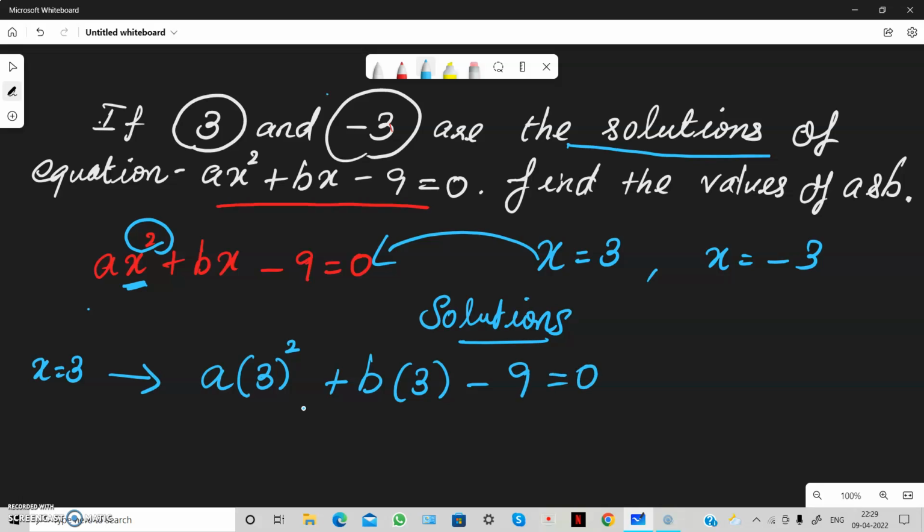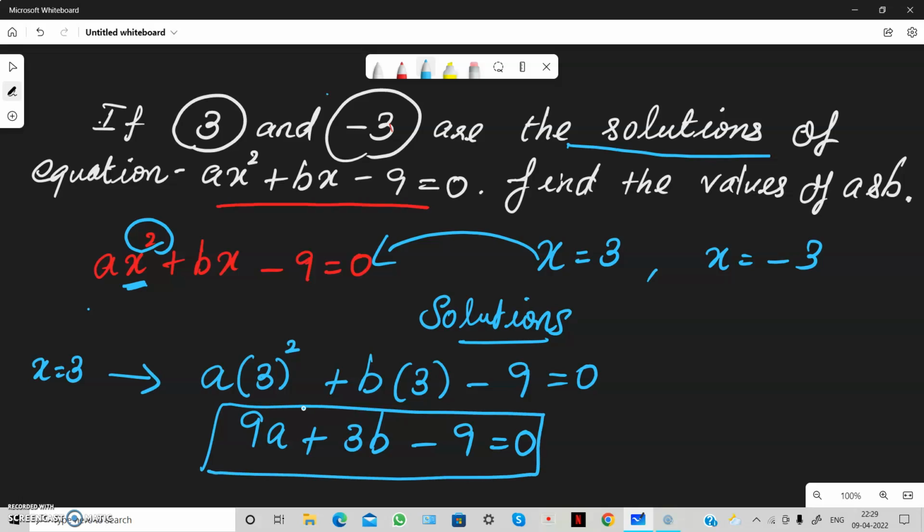Now just simplify 3 square, it is 9a plus 3b minus 9 equal to 0. So this is the first equation we get in terms of a and b.